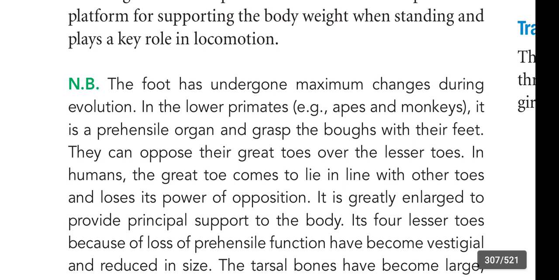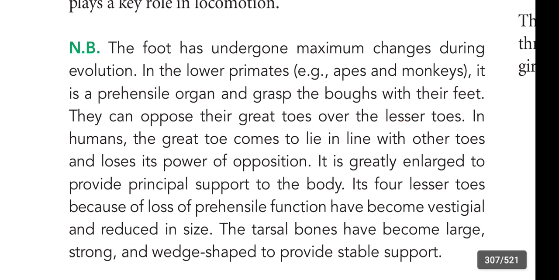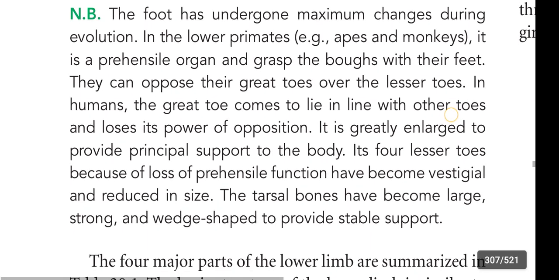It is greatly enlarged to provide principal support to the body. Its 4 lesser toes, because of loss of prehensile function, have become vestigial and reduced in size. The tarsal bones have become large, strong and wedge-shaped to provide stable support.